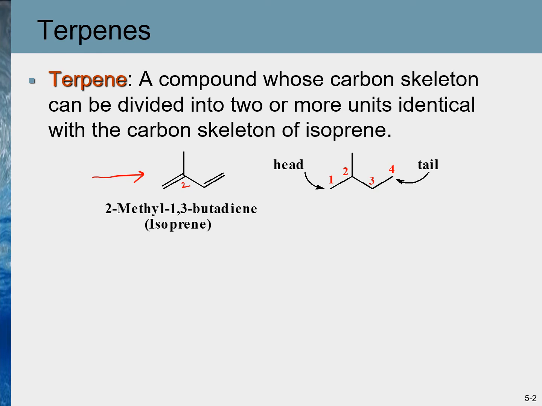The structure of an isoprene unit is such that the carbon 1 site is considered to be a head, and the location of carbon number 4 is considered to be a tail. So this would be considered a head, and that would be a tail.